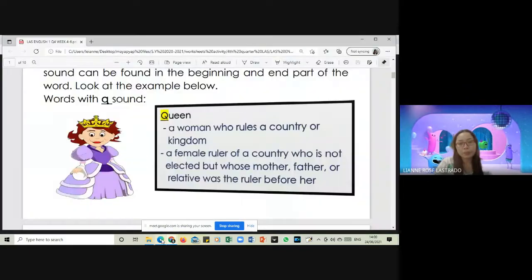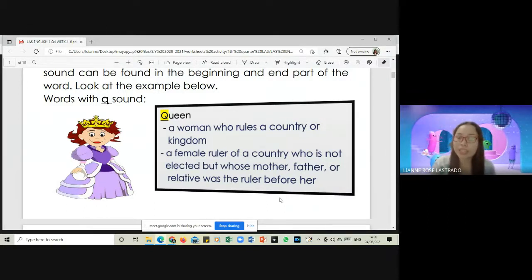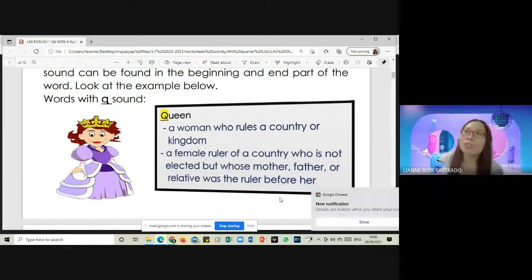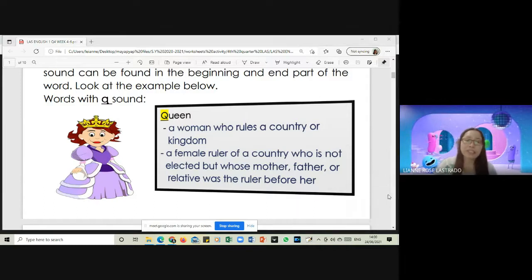It is in their bloodline or family ancestry that they have this royal blood. When we say royal blood, these are nobles or people who belong to royal families, and Queen Elizabeth is one of those. Until now, she is still alive.